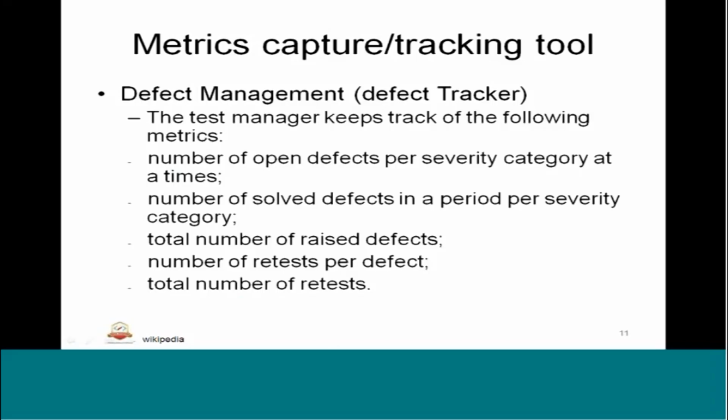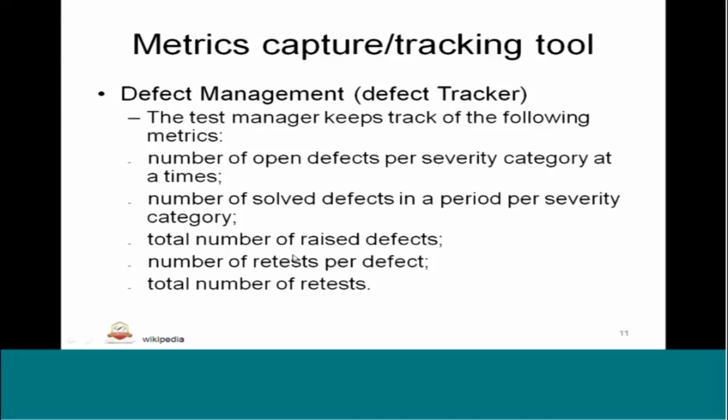Okay, so the test manager keeps track of the following metrics as part of the defect tracker: number of open defects per severity category at a time, number of solved defects in a period per severity category. You know the severity of the defects. Depending on that, he will assign the priority and report it, and assign it for the next fixes.